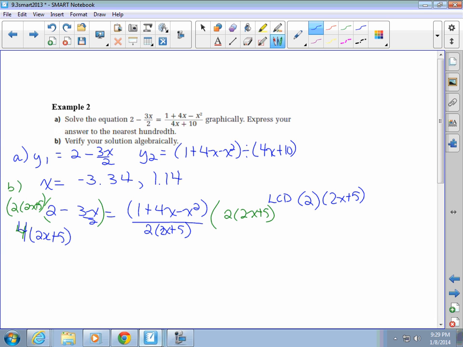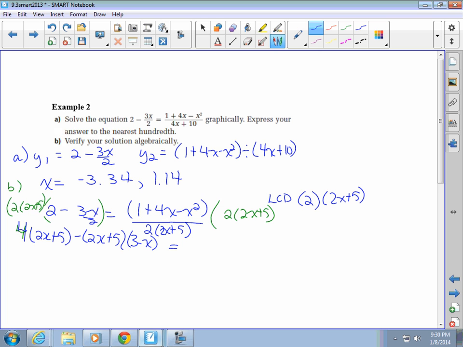Then 2 times 2x plus 5 times 3 minus x over 2. Well, this 2 and 2 will cancel, so what I'm left with is 2x plus 5 times 3 minus x equals.